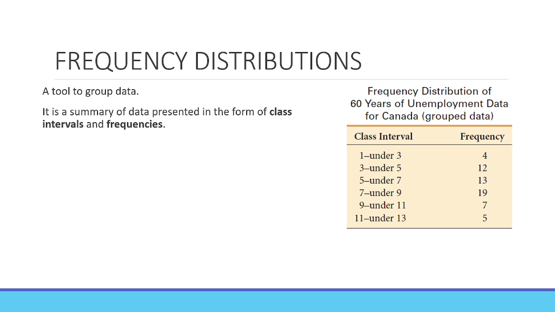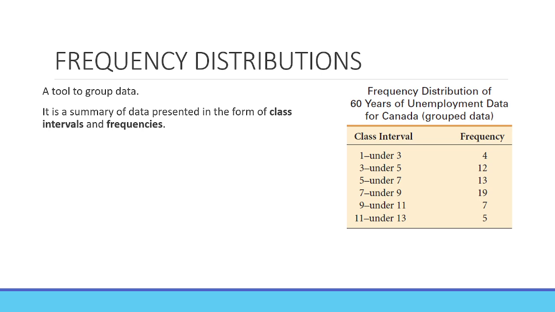So we have to do something to make meaning out of it. The first step is grouping the data, and when we talk about grouping the data, frequency distribution comes first.